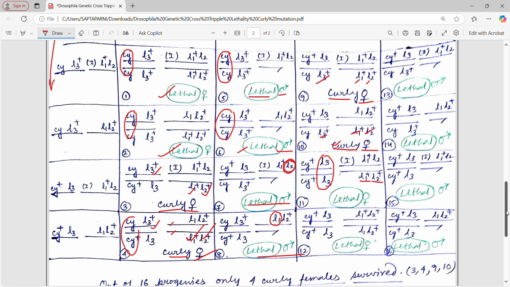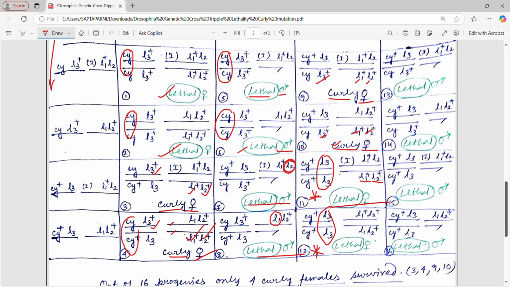So though it has L1 plus, L2 plus, due to lack of L3 plus, it is a lethal female. Got it? It is very important why it got dead. And here also similarly, due to absence of L3 plus, it is a lethal female, which if it survived, could be of wild type in nature, but due to absence of L3 plus, this female got dead.